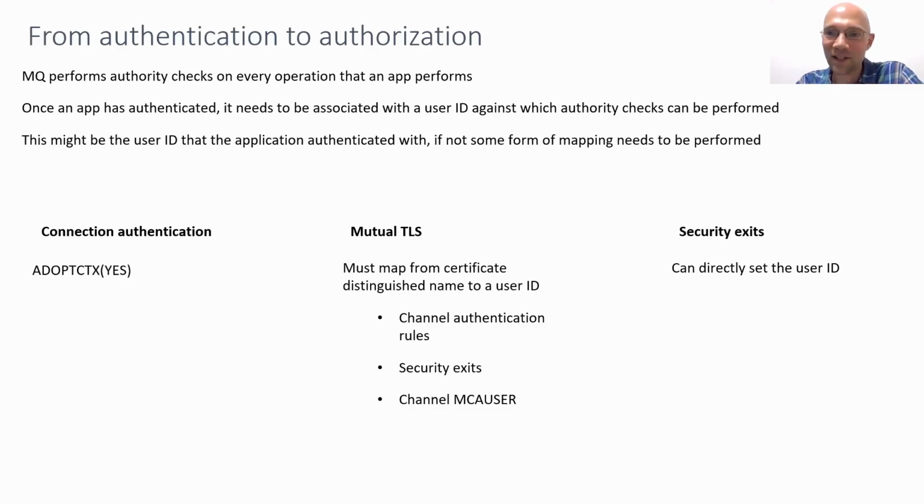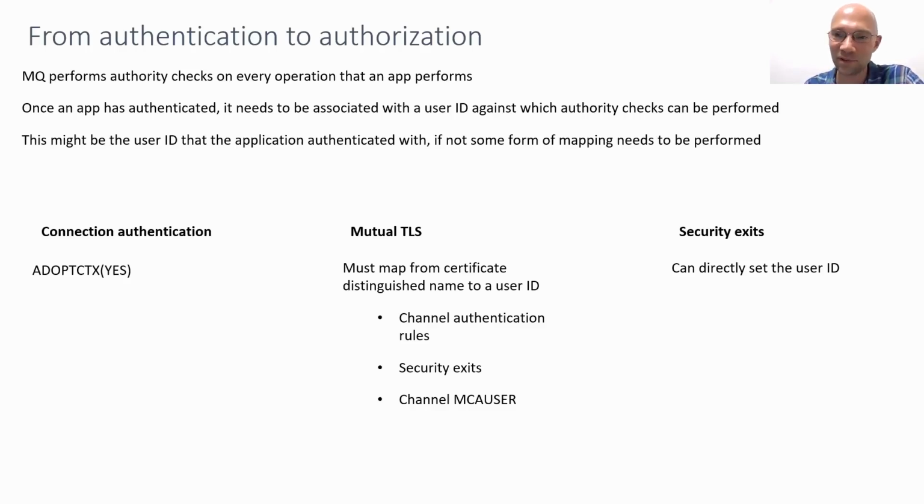The other option that you have is if the application is connected in using mutual TLS, or is authenticated by giving a certificate when it connected in using TLS, then you need to somehow map that certificate that's been provided by the application when it's connected in to a user ID that can be used by the queue manager to authorize operations that connection performs. And the way that you can do that is, I think, pretty much in order of preference here.